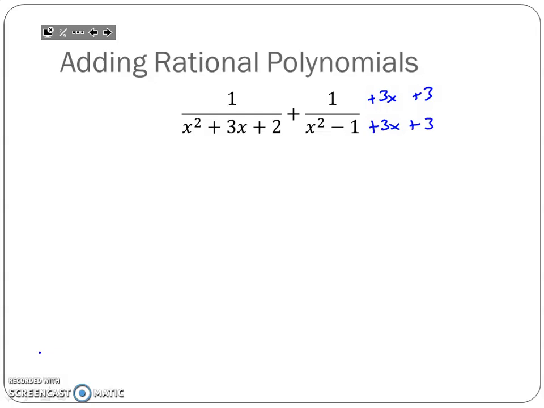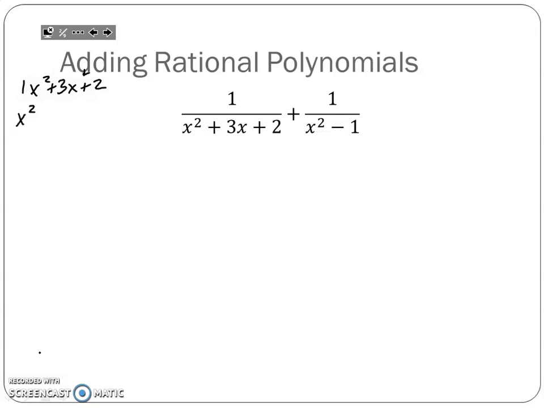You have to multiply. And before we can even do that, we have to factor before we know what we have to multiply by. So our first step is x squared plus 3x plus 2. So 1 times 2 gives me 2. Factors of 2 that would add to give me 3. Well, 1 and 2 would add.